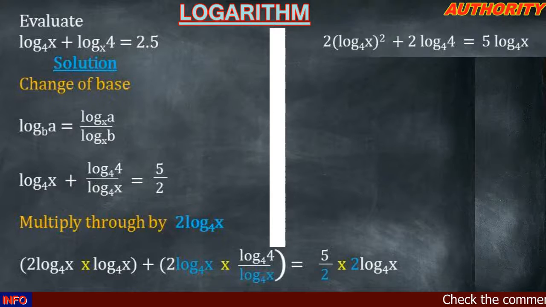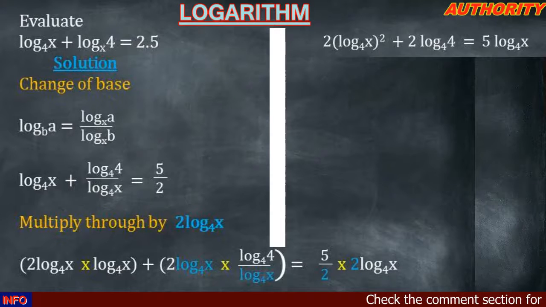When you multiply this, we are going to have 2. When you say 2 log x base 4 times log x base 4, we have log x base 4 times log x base 4. It's going to give us log x base 4 squared. But we have 2 in front, so we have 2 log x base 4 squared. You get it?